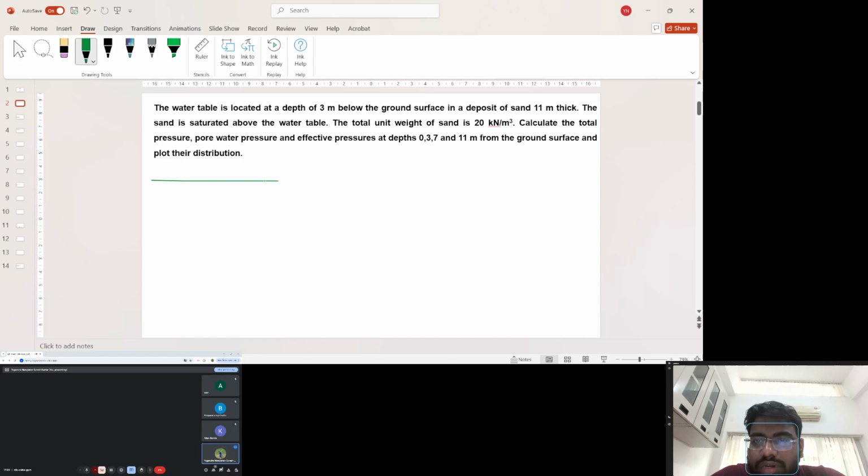Let this be the ground level, and the deposit of sand is 11 meter. So let this be 11 meter, and let this be 3 meter where the water table is there.